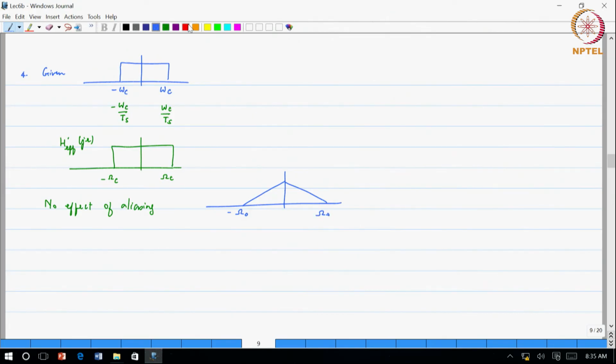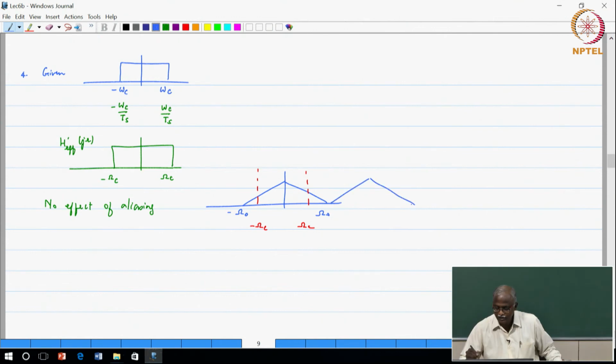Let us say somewhere here is the boundary for omega c, that is minus omega c to omega c. No aliasing requires you to create your copies beyond this point. This is the condition for no aliasing.